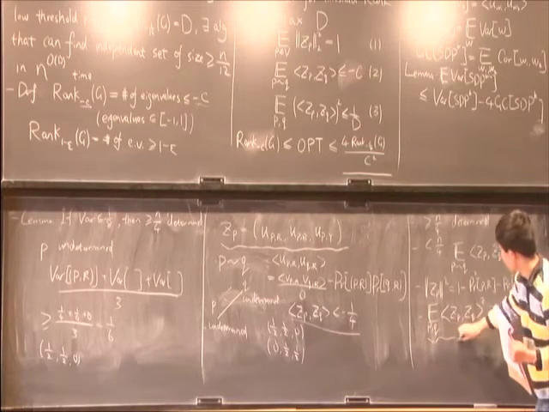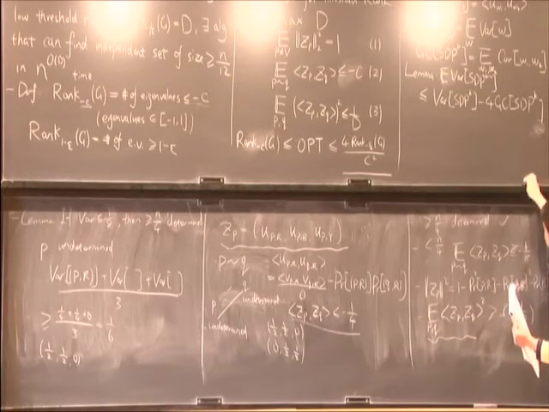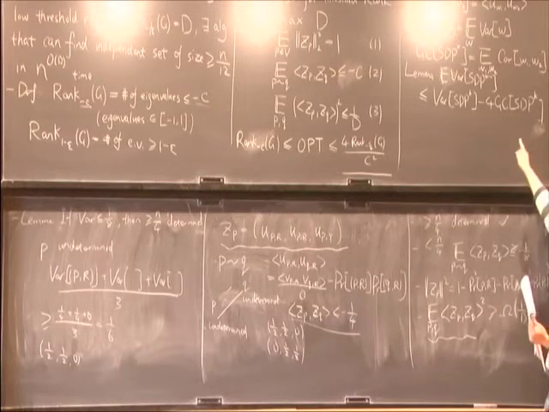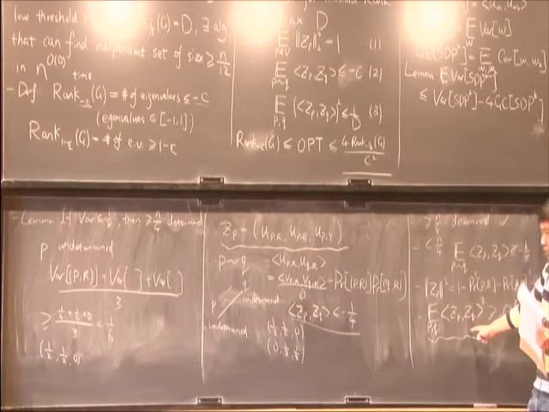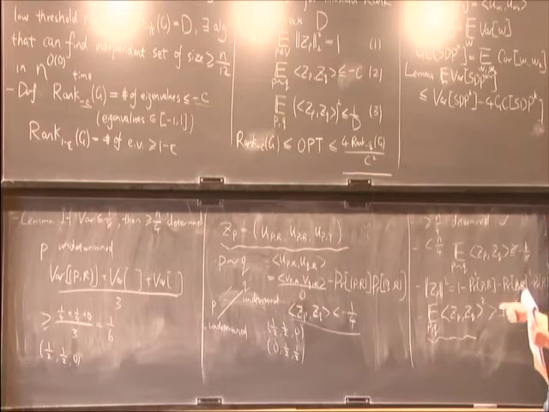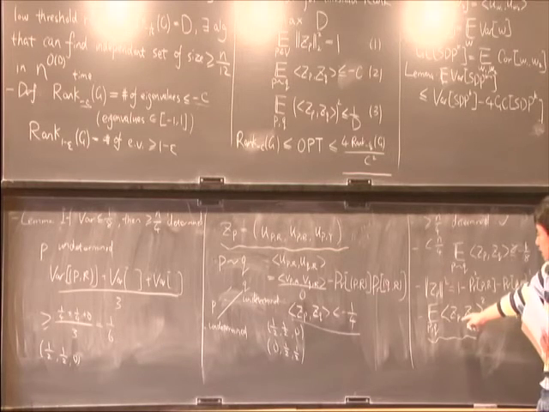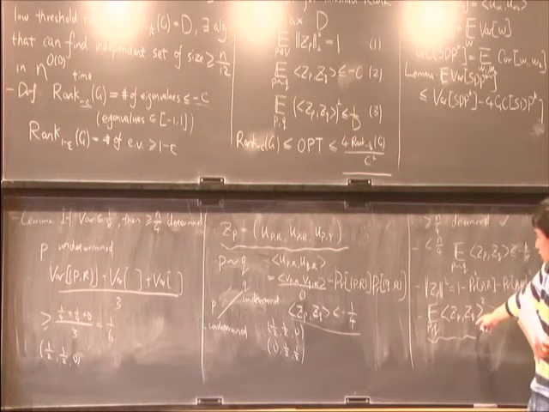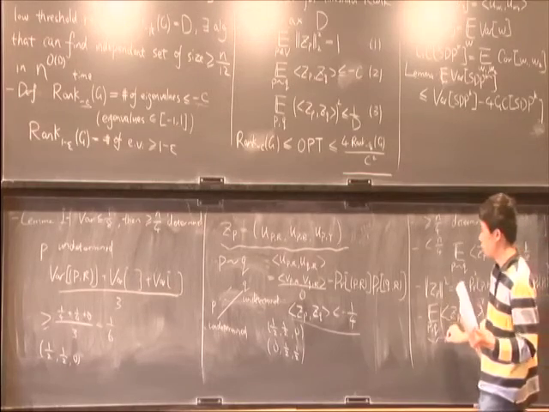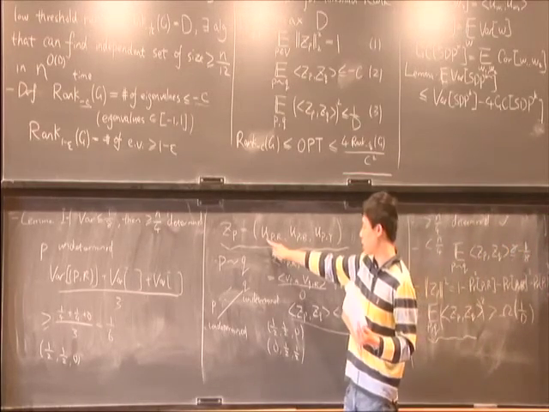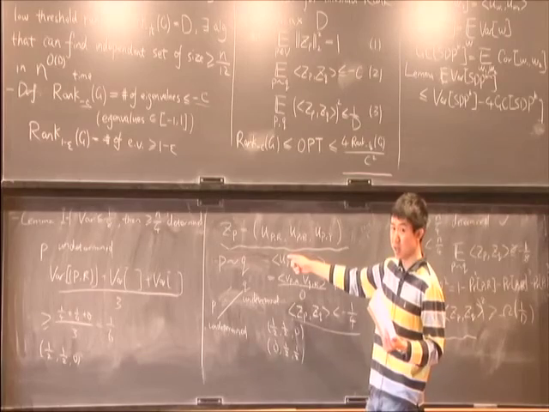But notice that global correlation is defined that way, but this value cannot be much larger than the global correlation just by a simple calculation. Because ZP inner product with ZQ is just UPR times UQR.